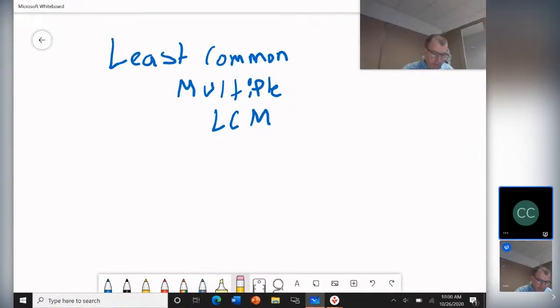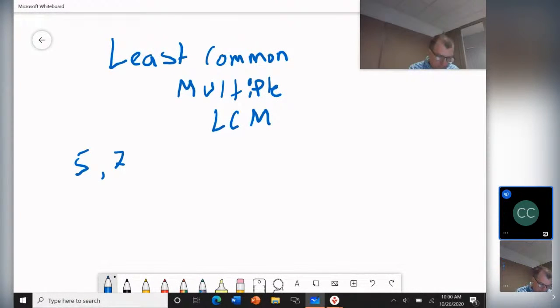Okay. So if you get, for example, we'll pick two numbers, 5 and 7. And it says find the least common multiple. How you would do that is we're going to do the multiples of each of these numbers. And the multiple is just adding itself. You add the number to itself.